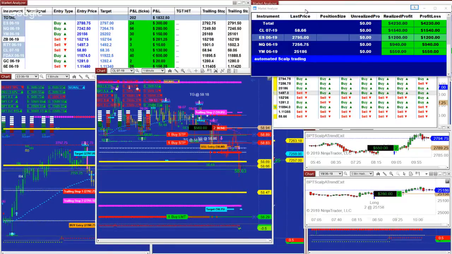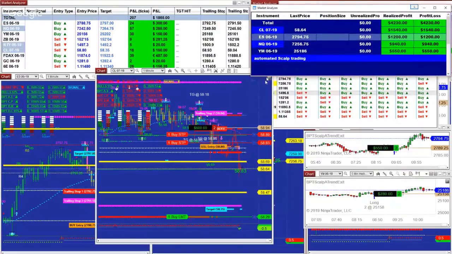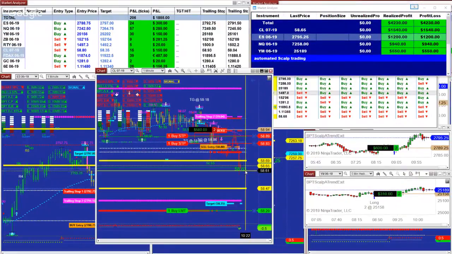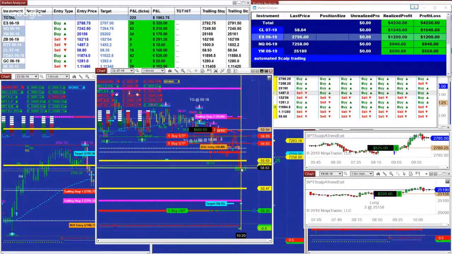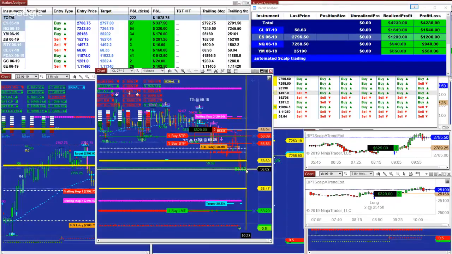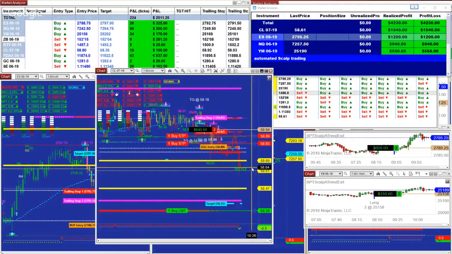There is a new signal somewhere. I don't know where, but look, now it's trying to break it. If this CL breaks the 58, everything is plotted on the chart, gentlemen. We don't need to come up with any brilliant ideas. Everything is on the chart, you follow it. And now it seems like it's about to break it.